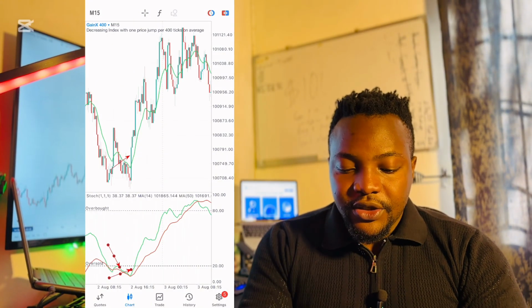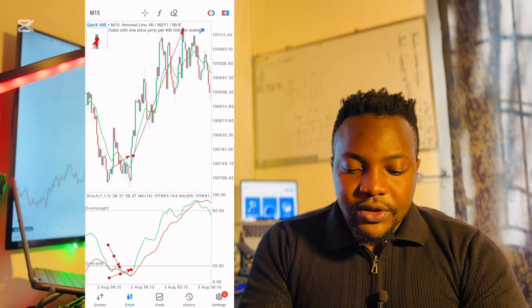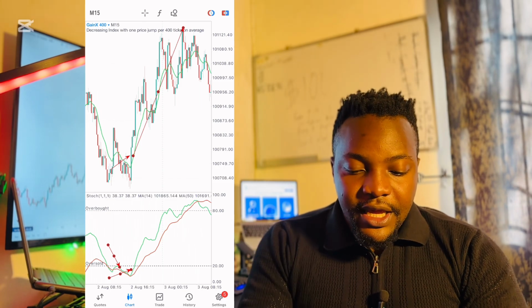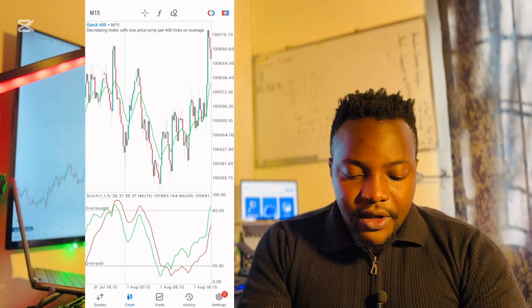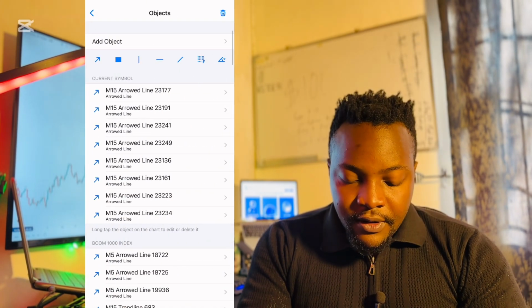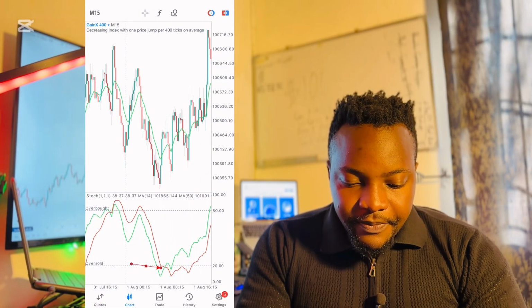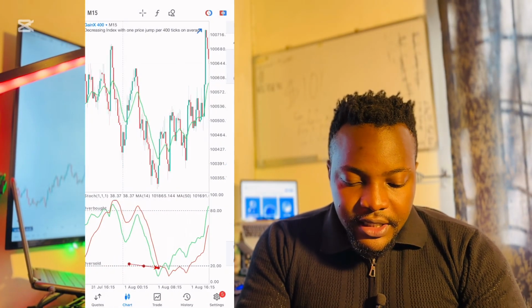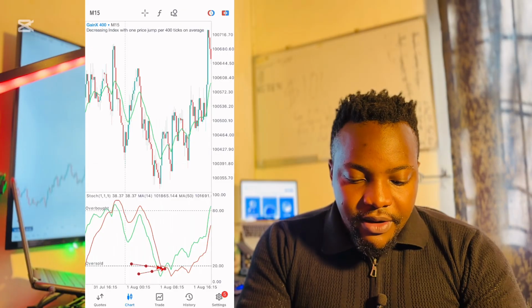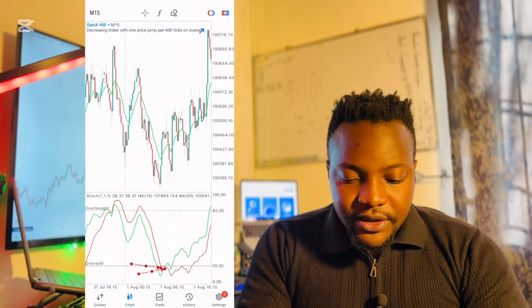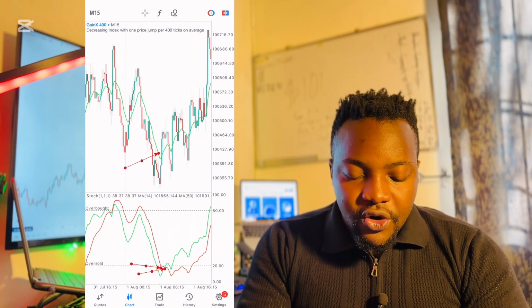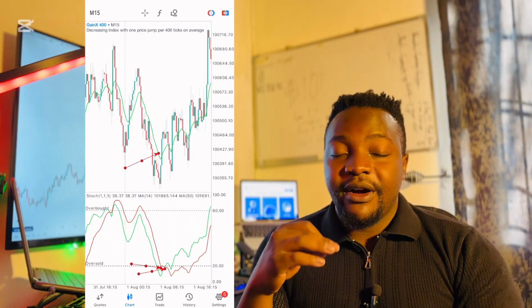And once you see that, you know price is going to shoot all the way up, and you can see that's exactly what happened. Okay, same thing here. Red line reached the oversold section, then the green line crossed to be above that, and we saw that price crossed the green line and closed above the green line.